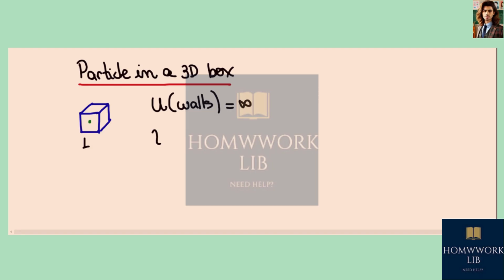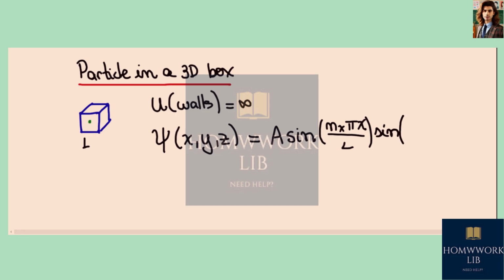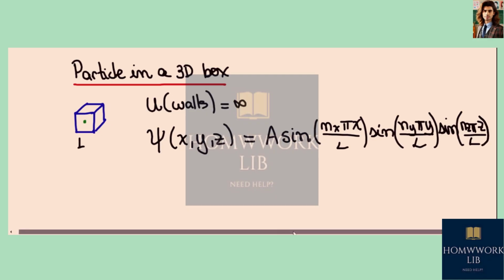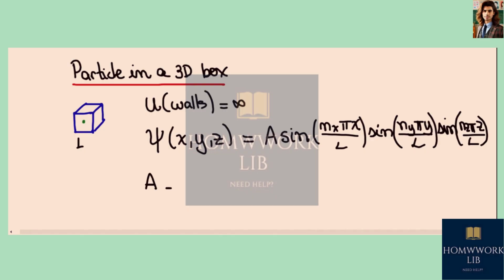In that case, the wave function psi of x, y, and z of the particle is equal to a constant A times the sine of n_x pi x over L times the sine of n_y pi y over L times the sine of n_z pi z over L. And A in this case is just a normalization constant, and it's equal to (2 over L) to the 3 halves.